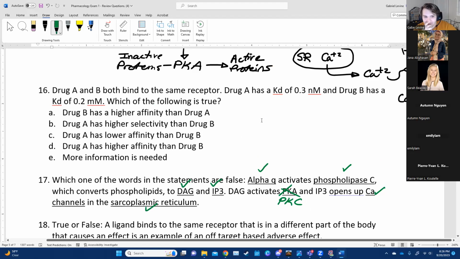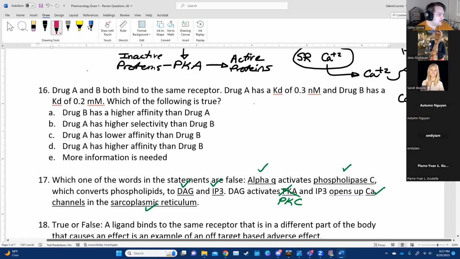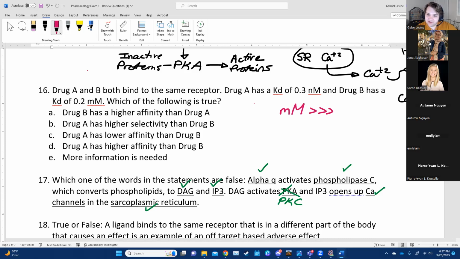All right. Drug A and B both bind to the same receptor. Drug A has a KD of 0.3. Drug B has a KD of 0.2. Which of the following is true? So, first questions first. Which is bigger, nanomolar or millimolar? Which one is a larger number? Millimolar is much, much, much larger. Very big compared to nanomolar.